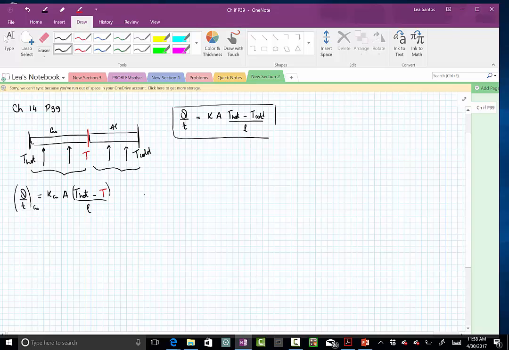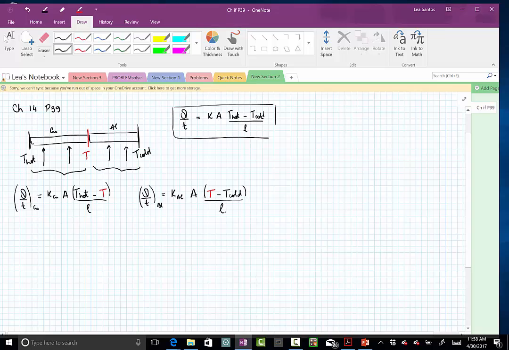The heat that passes per time in the aluminum is equal to the constant for the aluminum, the cross-sectional area, and then I choose the two extremes of the aluminum rod: the one that I don't know, minus the temperature at the other edge, which is the cold one, divided by the length.